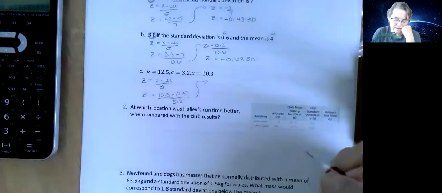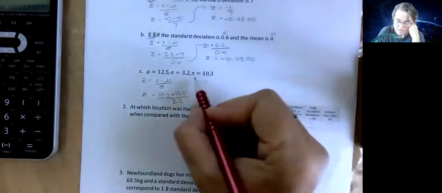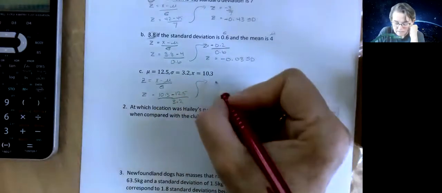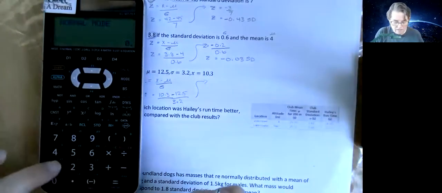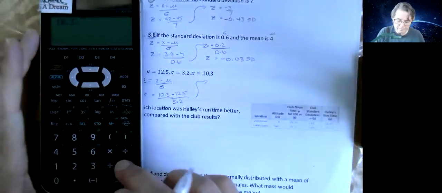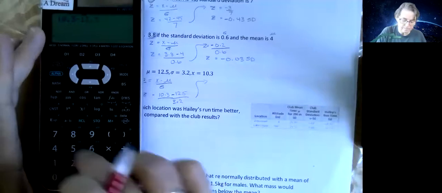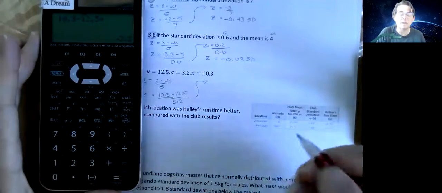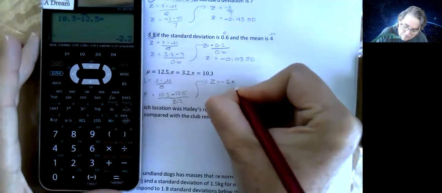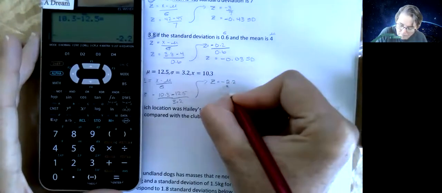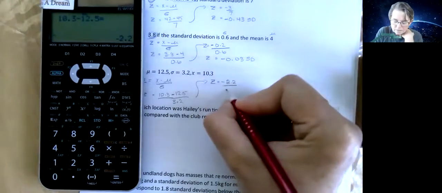All right, it looks like I did it again, where the value I want is less than my mean, so I know it's going to be a negative, and that's okay. 10.3 minus 12.5, negative 2.2, over 3.2.